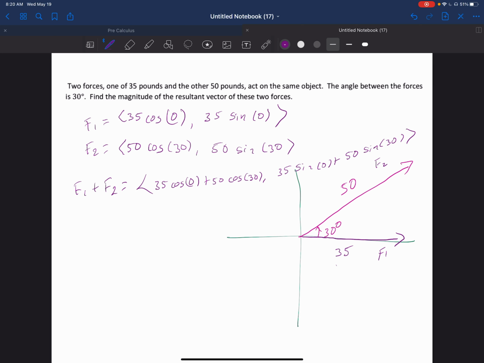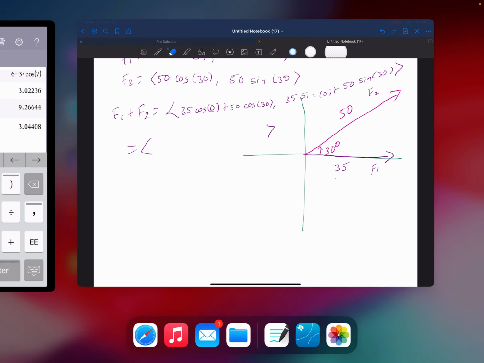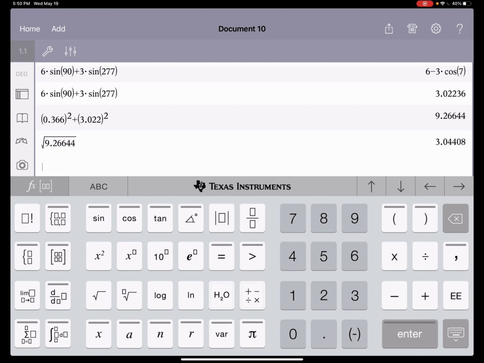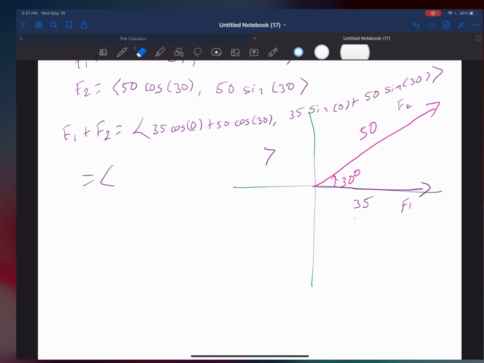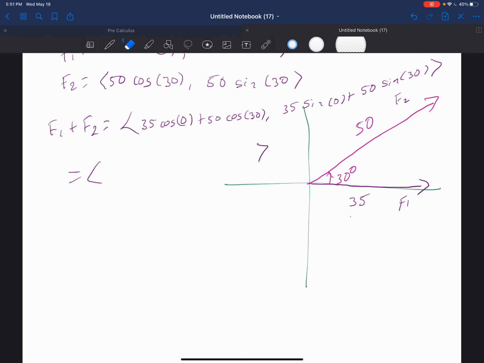Of course, it will look a little bit nicer once I put it in the calculator. So 35 cosine of 0 plus 50 cosine of 30 degrees. I'm going to get my first A, which will be 78.301.